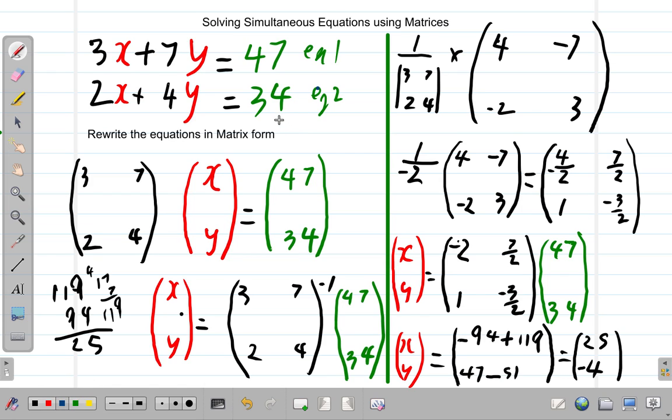Let's put our answer in a nicely packaged gift wrapped box, and we say X equals 25, Y equals negative 4. So that's our answer.